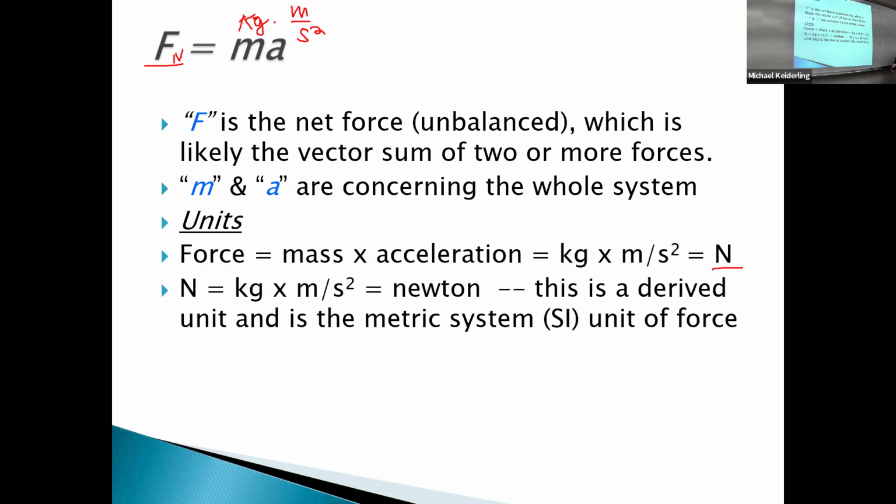The US customary unit of force is the pound. There's also a mass pound. And the more I find out about US customary units, the more of a horrible historical mess they are. Everything is slightly different in the way that they're used in English, and it kind of just makes you want to scream.